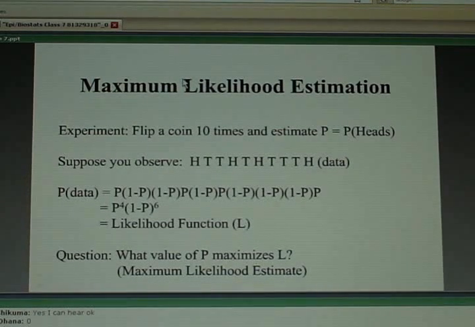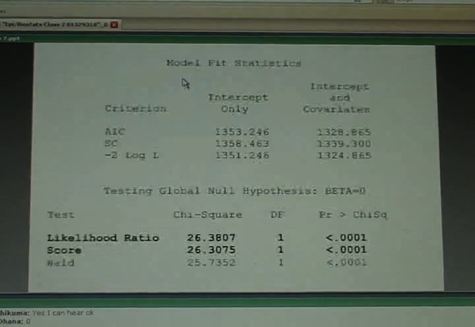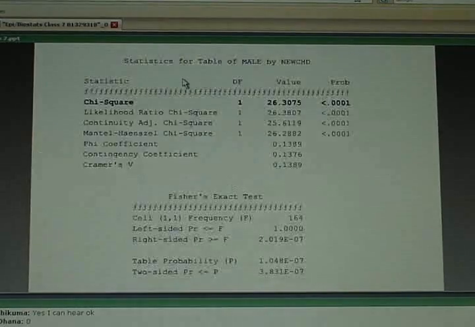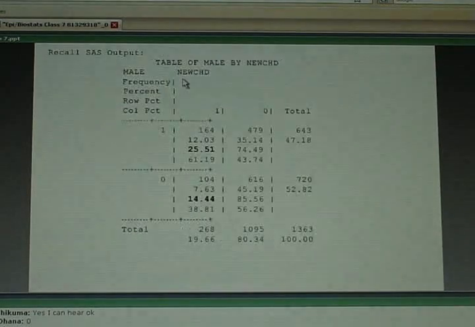You've got 1,363 people. Go back to that 2 by 2 table. 268 of them got disease, and 1,095 did not get disease. So let's write down the probability of getting 1,363 people, of which 268 get disease and 1,095 don't.